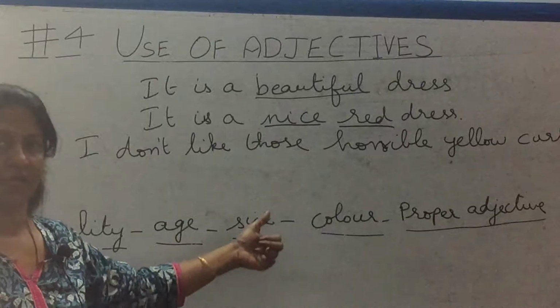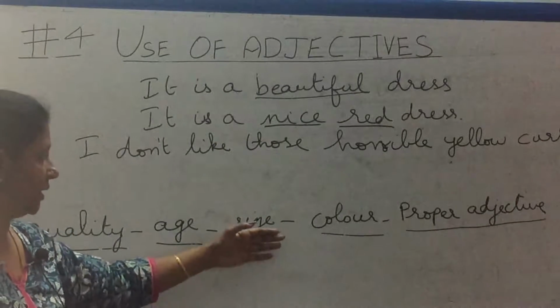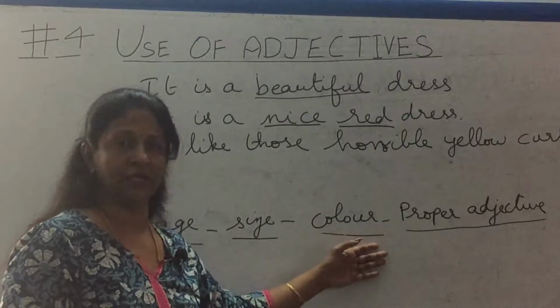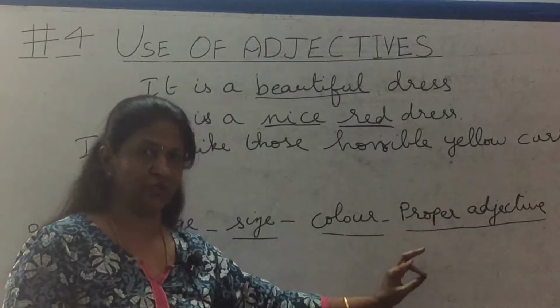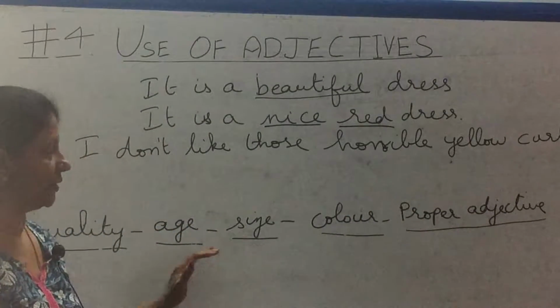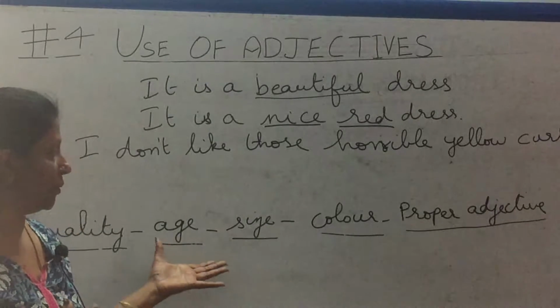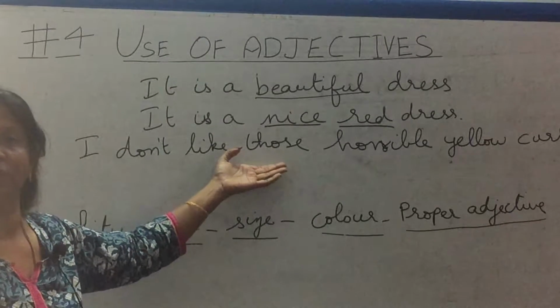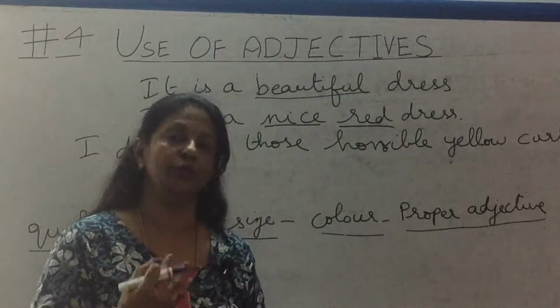Okay, round size, rectangular size, square size, whatever size you are describing comes next. Then comes the color, then comes the proper adjective. That means the adjective what you use in front of a noun. So this will be the order. So when you remember this order, you need not by heart it, but when you remember this order, you will be able to write correct sentences and your English will sound beautiful.